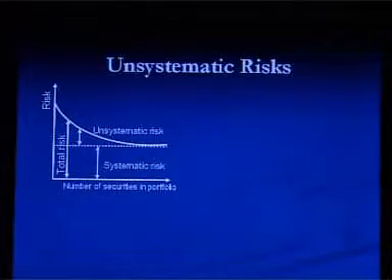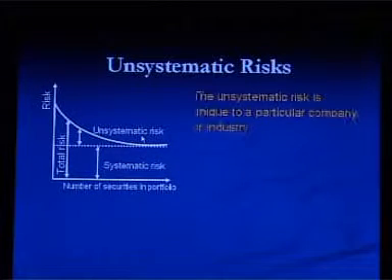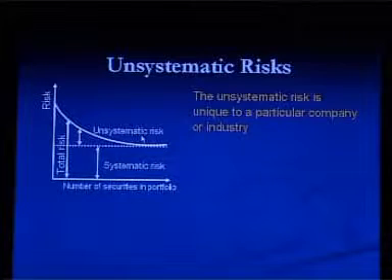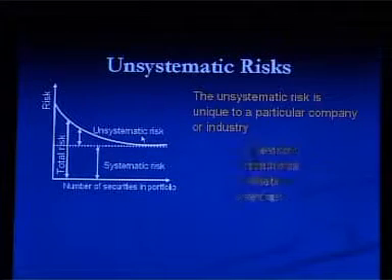Now, what about unsystematic risk? Unsystematic risks are generally related to the specific industry or business that can be eliminated by increasing the number of securities in the portfolio. Now, let us know more about unsystematic risk. In the graph, you can also see the unsystematic risk here, where the unsystematic risk is unique to a particular company or industry.